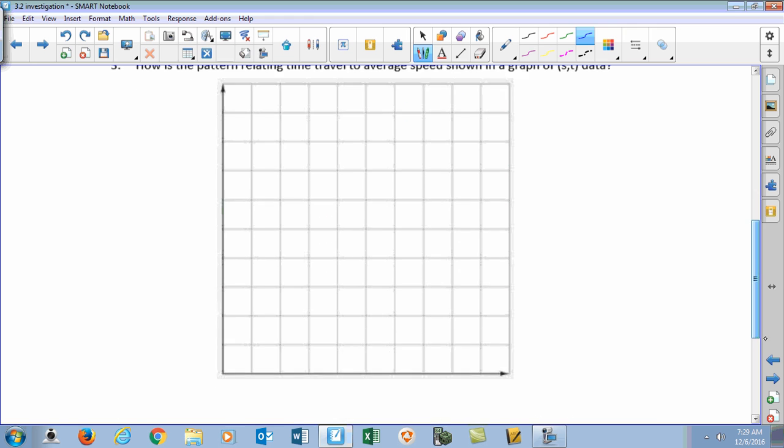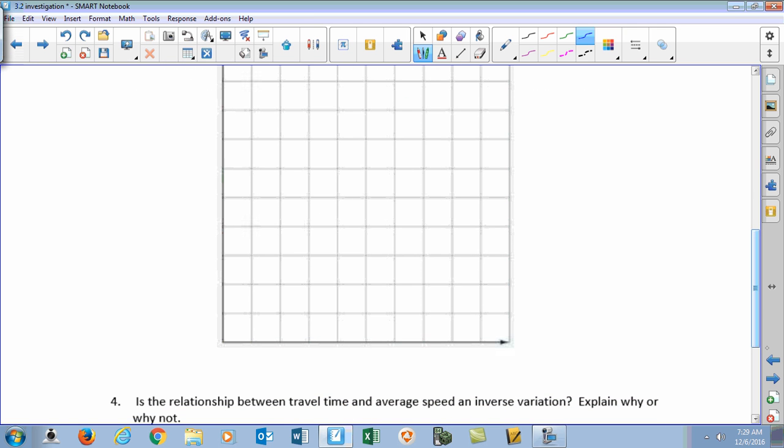So if we go to graph what you did, if average speed is down here, and we increase by 10, so we're just going to do that on our graph. And for the time travel, the biggest number we have is 10.